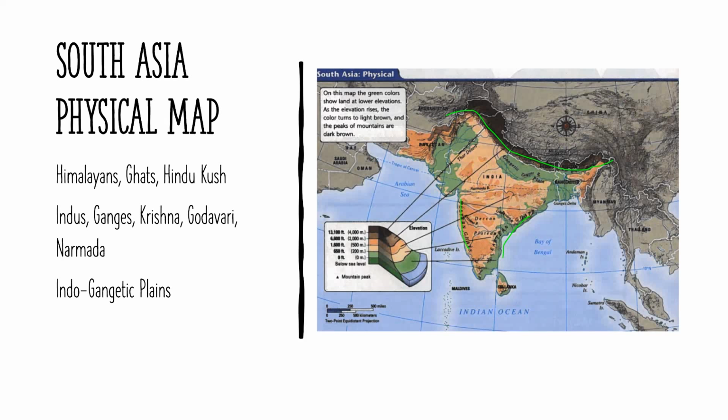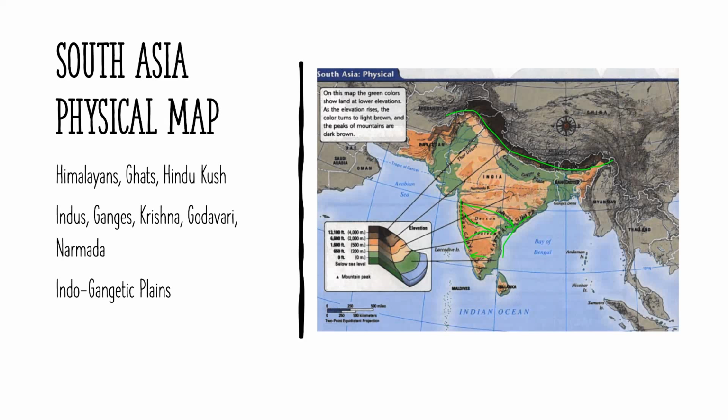From the Eastern and Western Ghats, you get some of the principal rivers of India. So the Godavari River, for example, flows from west to east. You have the Krishna River, likewise, flowing from west to east, and the Narmada River down here flowing east to west.